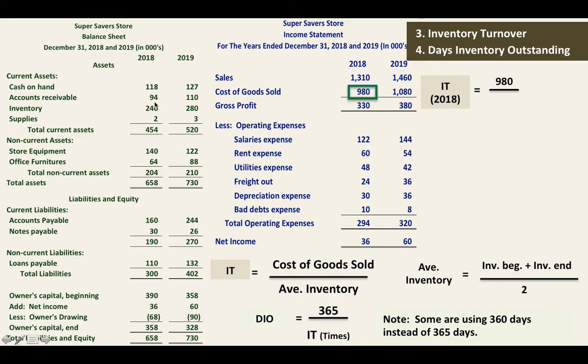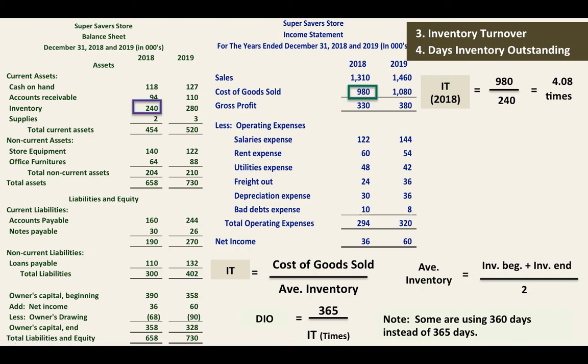In this case, for 2018, we don't have inventory beginning, so we will just use the ending of 2018, which is 240. So we will be able to compute 4.08 times.